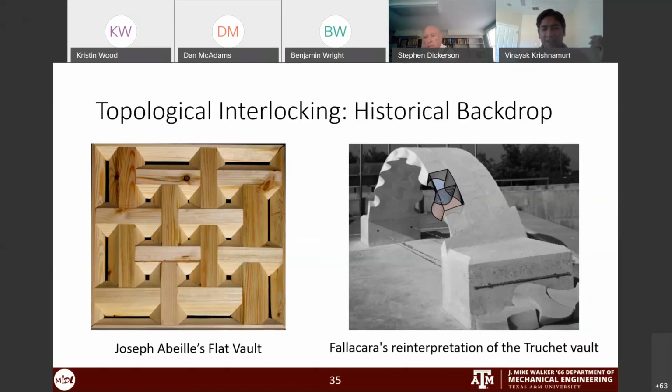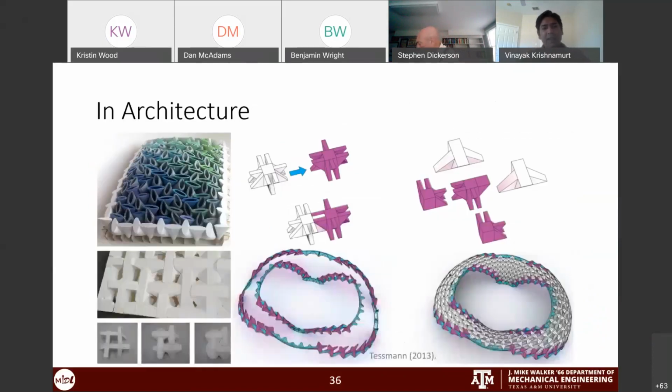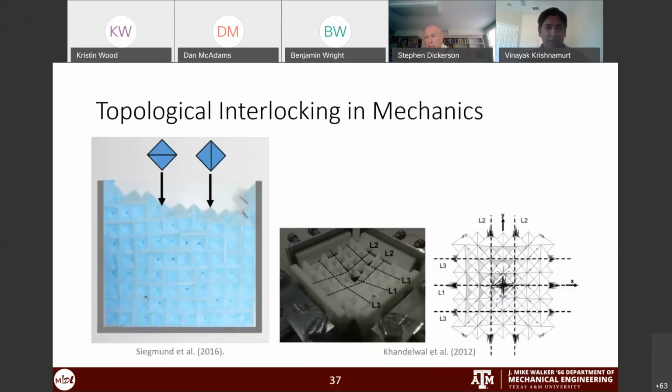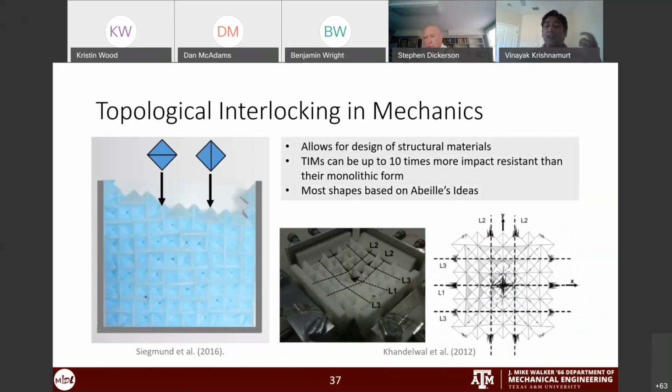These are called Abel's flat vaults and then Trouché's vaults, and people have used these to create architectural shapes. In recent times people have tried to do the same with computational tools also. And then you have applications in mechanics where it allows for more impact resistance, and most of these shapes are basically based on Abel's original idea.